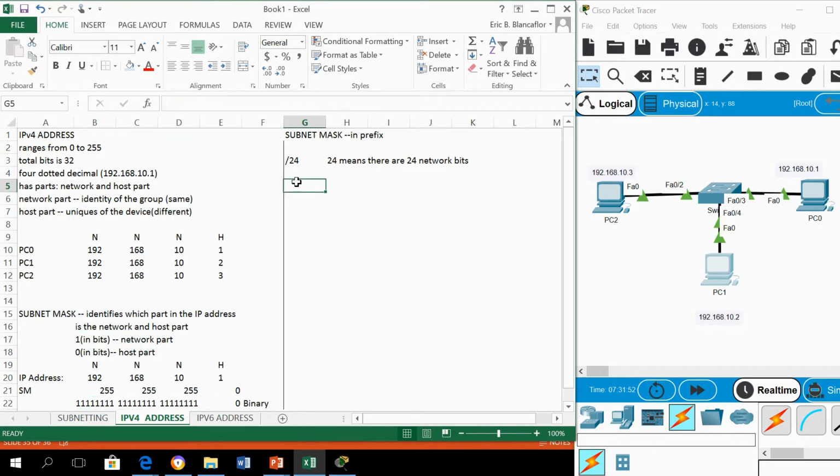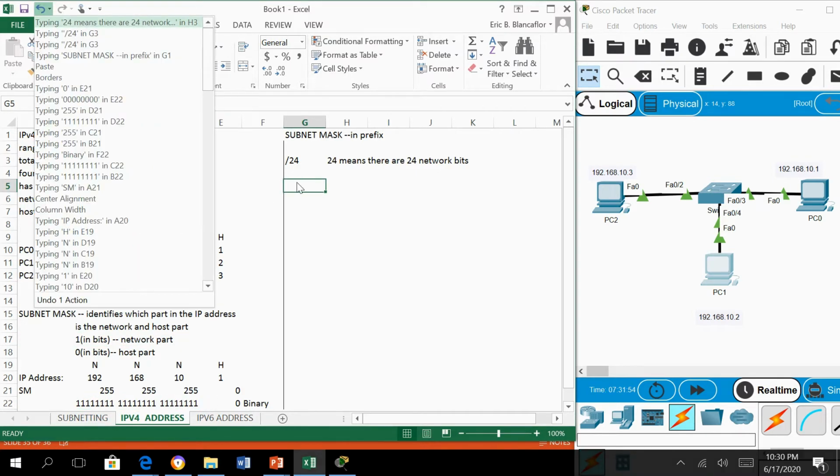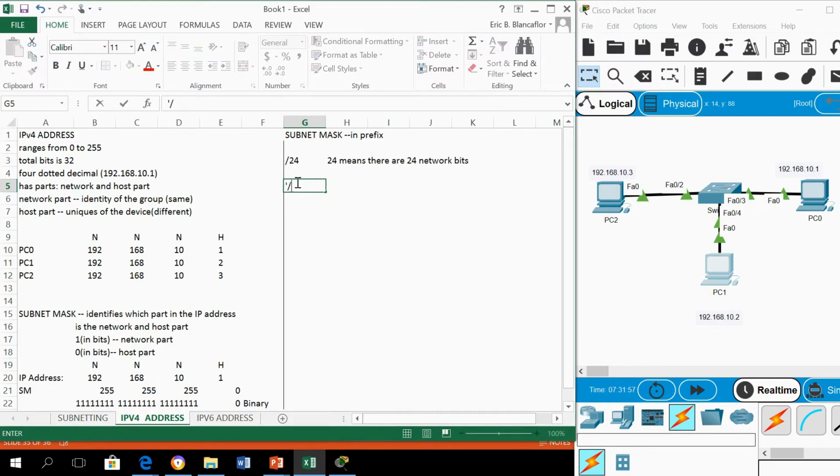So meaning if you see a /24, it means in four dotted decimal, that is equivalent to 255.255.255.0. Okay? That's how it is.